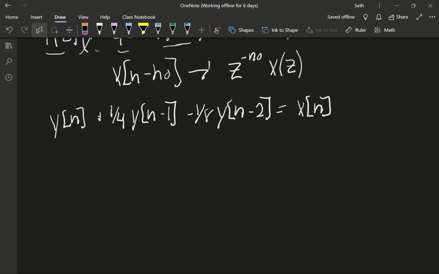Part B asks us to find the impulse response, h of n, if it's a right-sided signal, and it asks us if it's causal, if so why. So we're given H(z), this is from the problem statement right here.